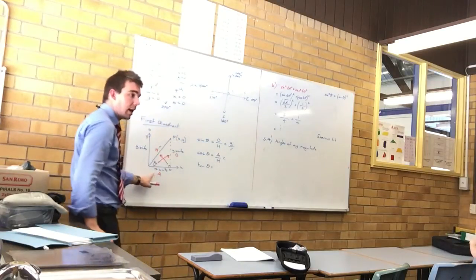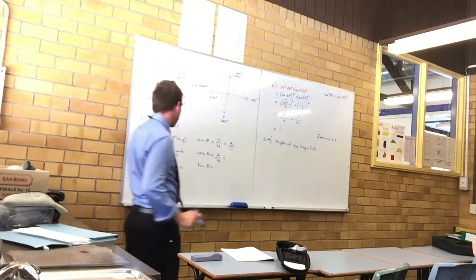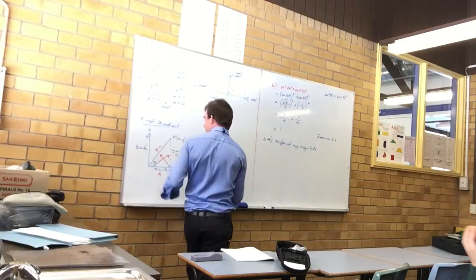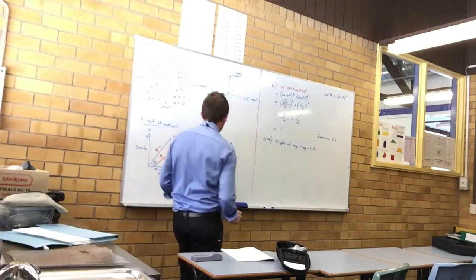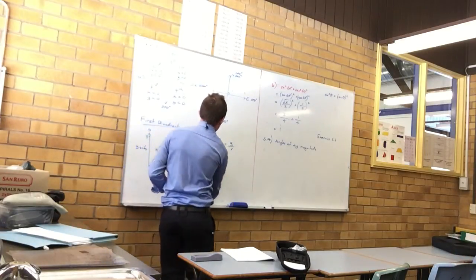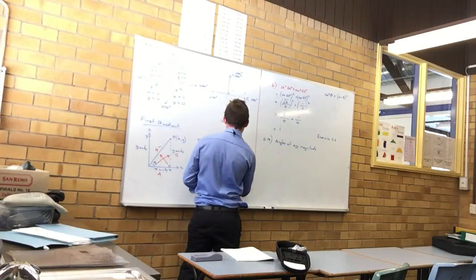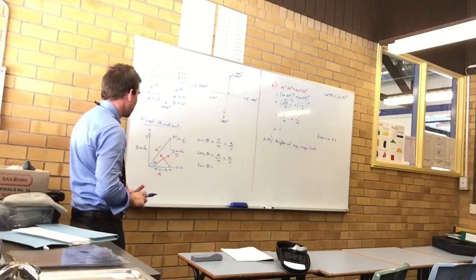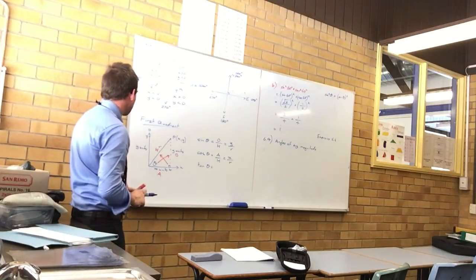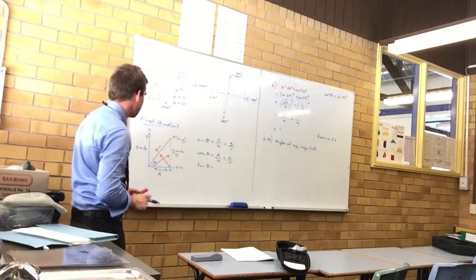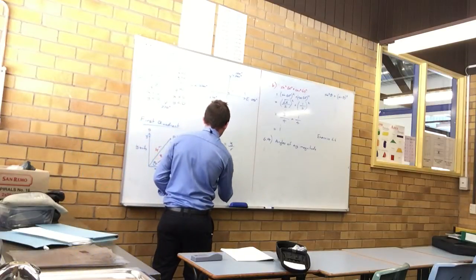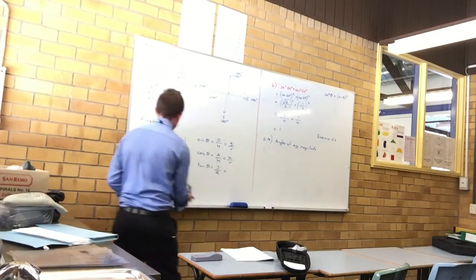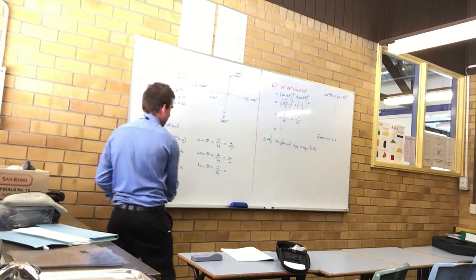The adjacent is x units from the origin out to the end of the x-axis where it goes up to the point, and the hypotenuse is the same, so cos theta is x over r. Tan of theta is opposite over adjacent, so the opposite is y and the adjacent is x.